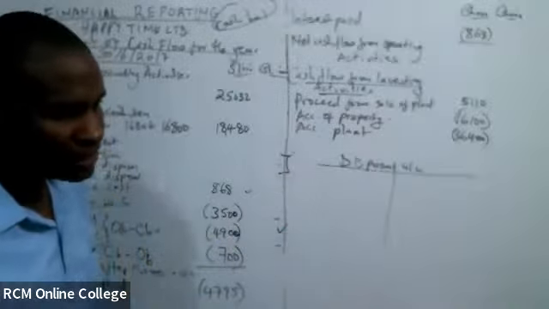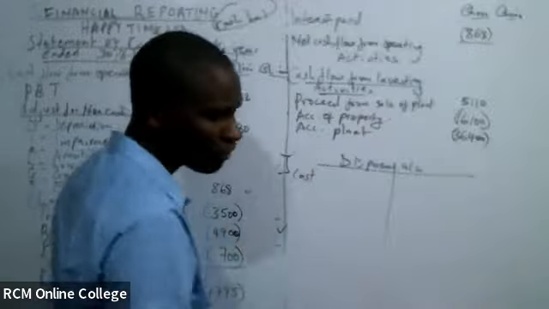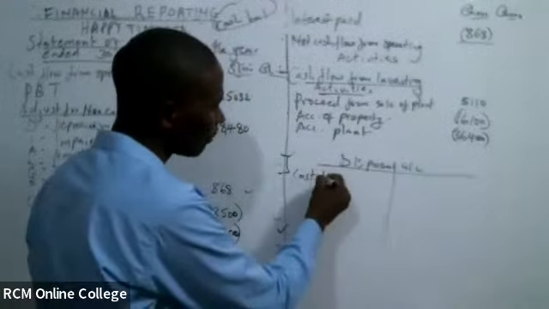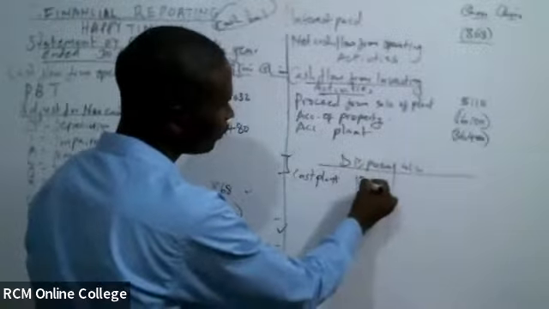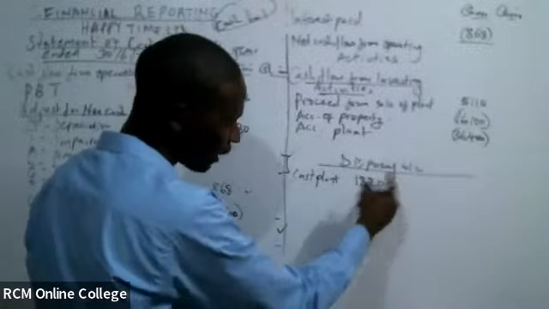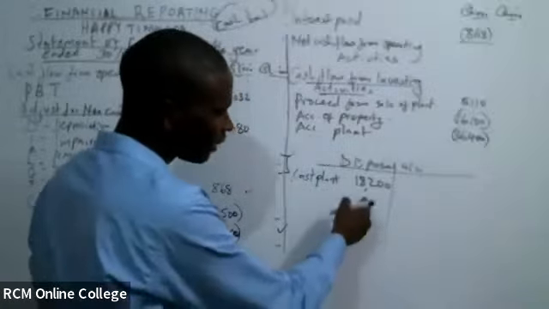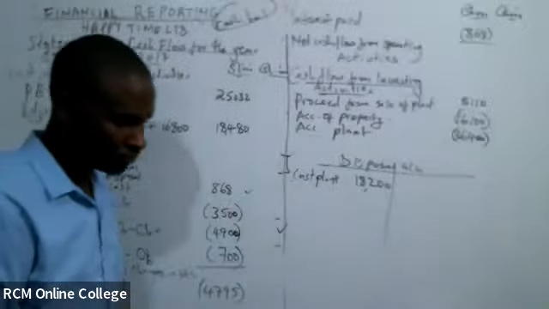So tuliuza an item at a cost of how much? The cost of that plant ilikuwa ngapi? Cost ya hiyo plant ilikuwa 18,200. So tunataka tujue hii 18,200 imeenda namna gani? What reduce these?